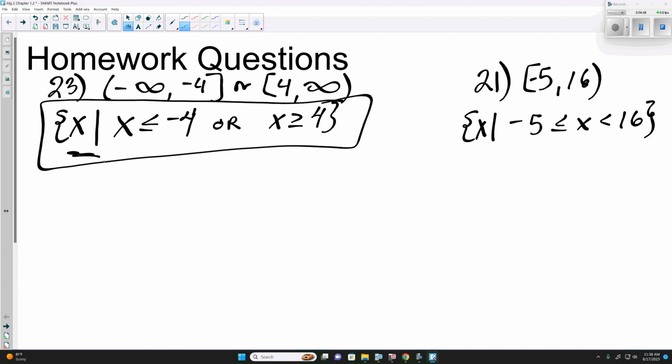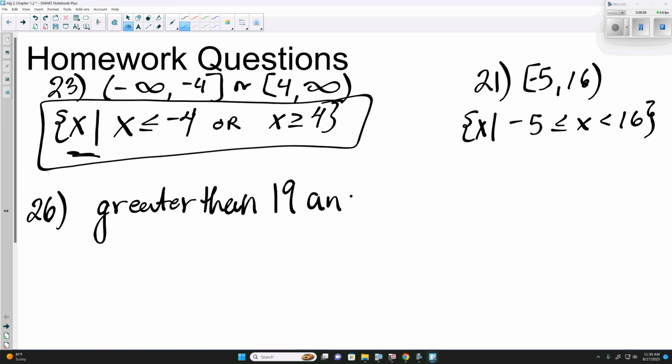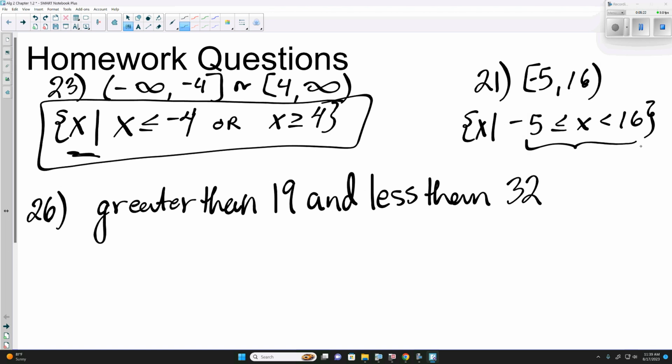And then 26. Because it says the set of all real numbers, because it's all words, greater than 19 and less than 32. So I'm just writing the problem down at this point. This is the main part we need to write, as an inequality like this here. So the smallest number we can have is what?